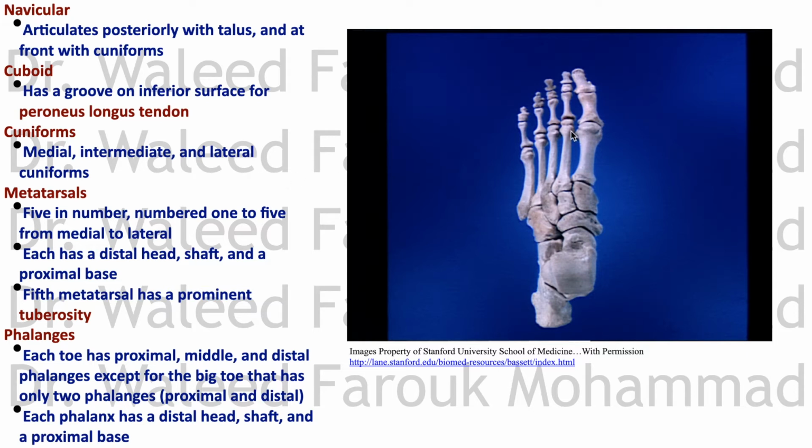Metatarsals, as you can see here, they have a proximal base, shaft, and a distal head, as well as the phalanges: proximal base, shaft, and distal head. Okay, and the 5th metatarsal has a prominent tuberosity on it.